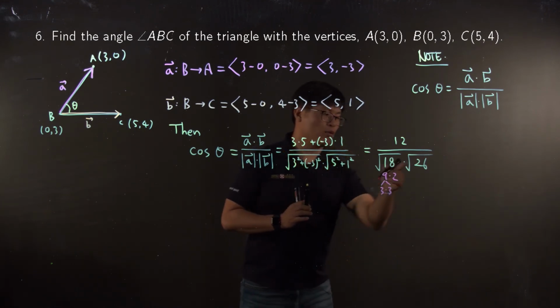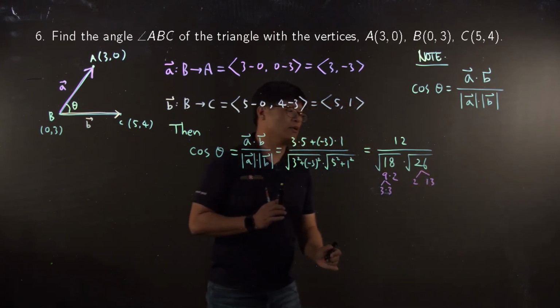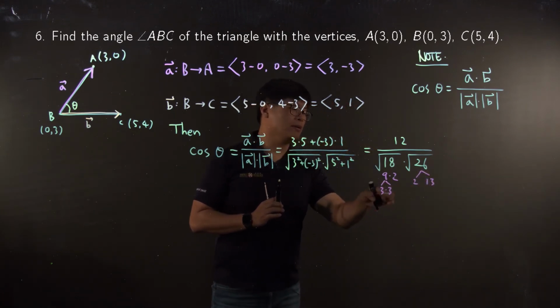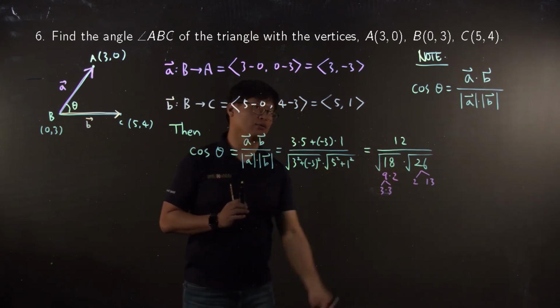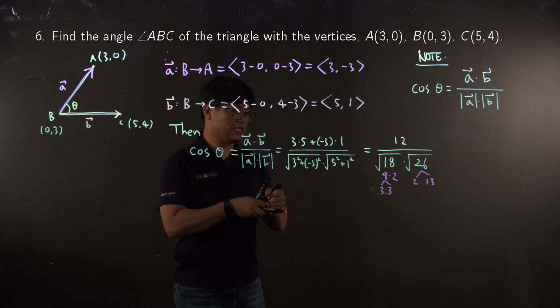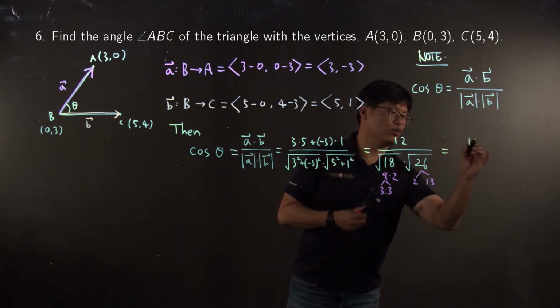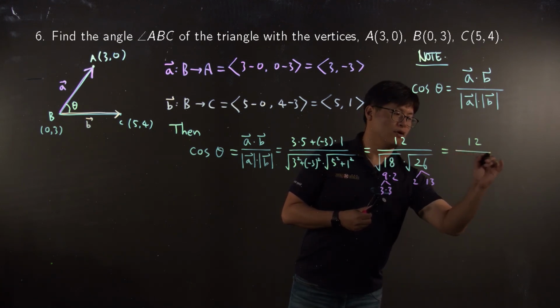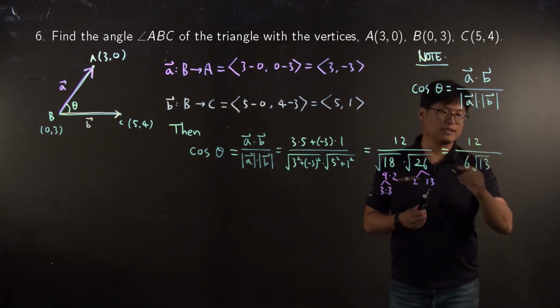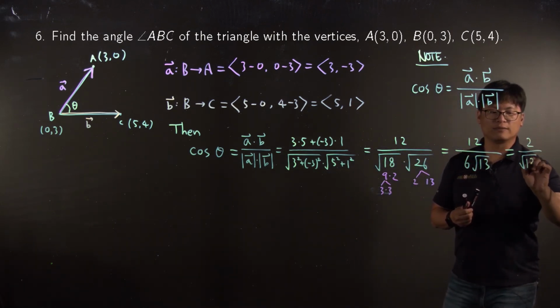And 26 is 2 times 13. Whenever you have one pair under the square root, it can come out. So 3 squared and 2 squared will come out, which is 6. So this will be equal to 12 over 6 root 13. Then we can cancel this, which gives 2 over the square root of 13.